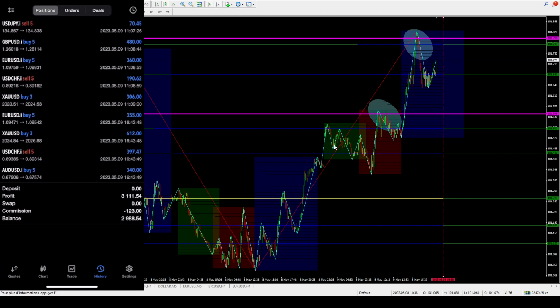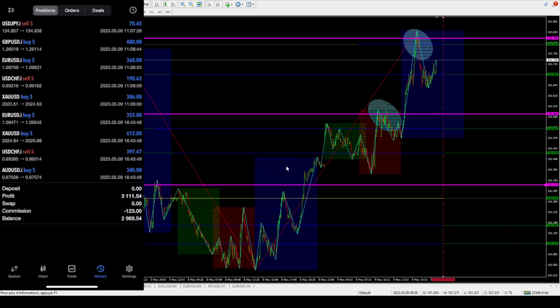This way is to look at the maximum volume that occurred on the dollar too, and to look at which price this volume was important in the past. And this price, sorry, is this one.